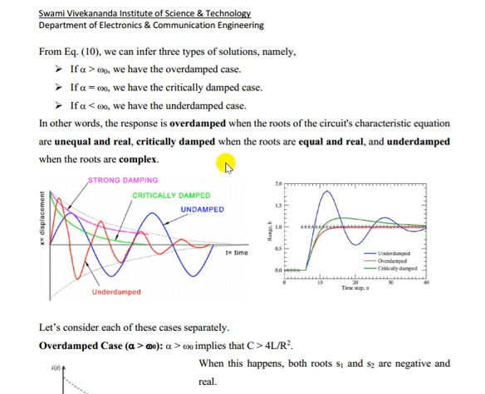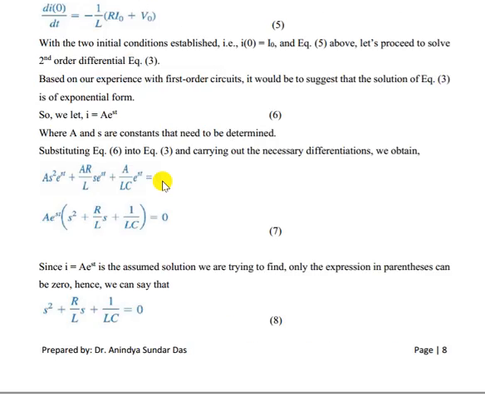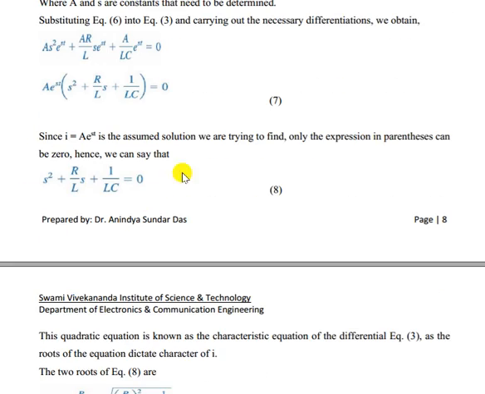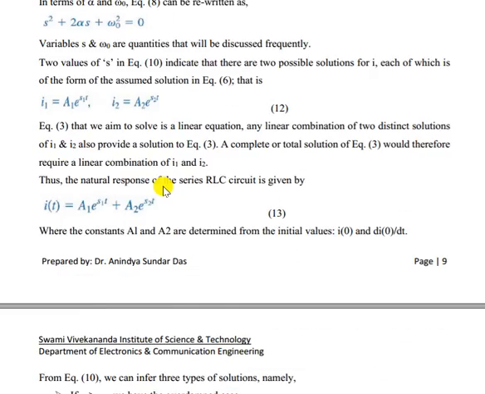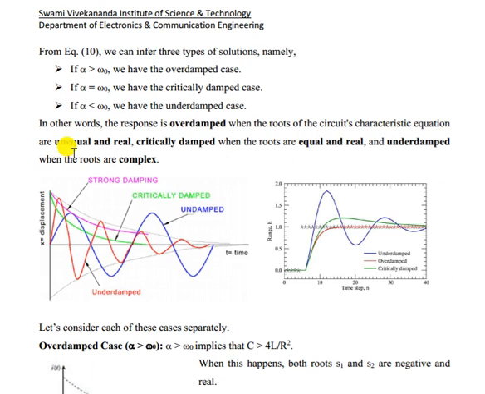That time the roots are unequal and real, the roots of the characteristic equation, s square plus R by L s plus 1 by LC. When alpha equals omega 0, that is the critically damped case, roots are equal and real. And underdamped: when alpha is less than omega 0, roots are complex.